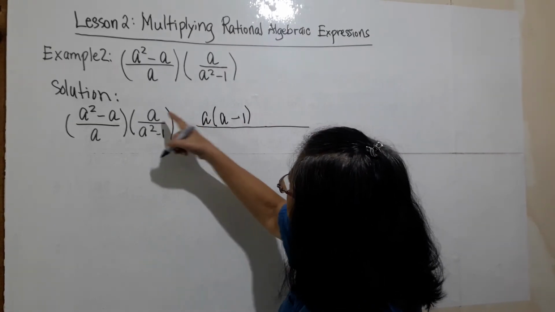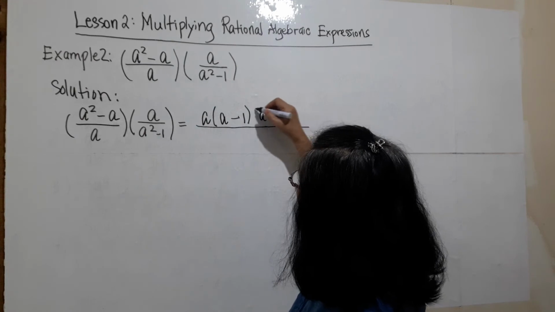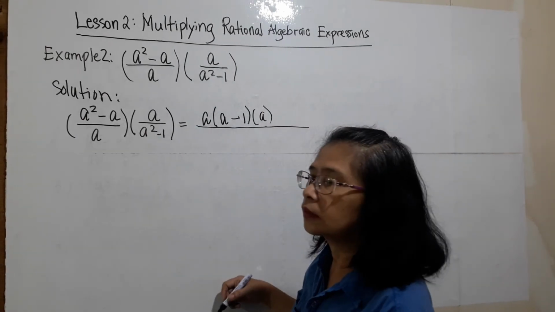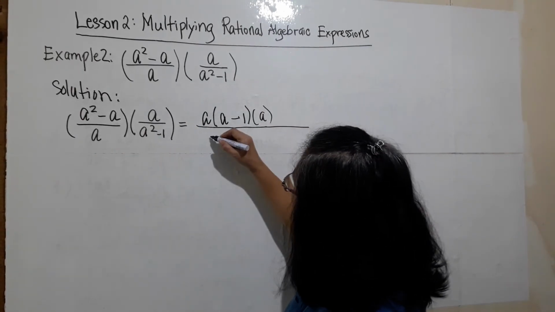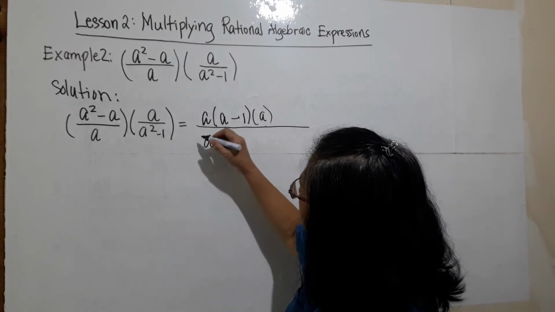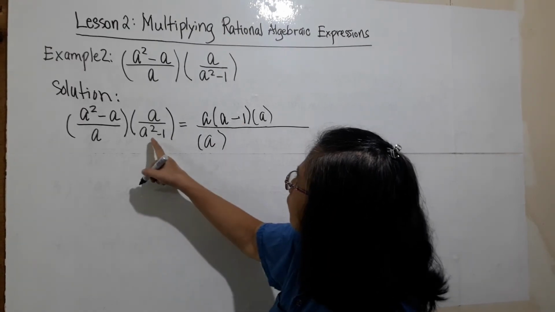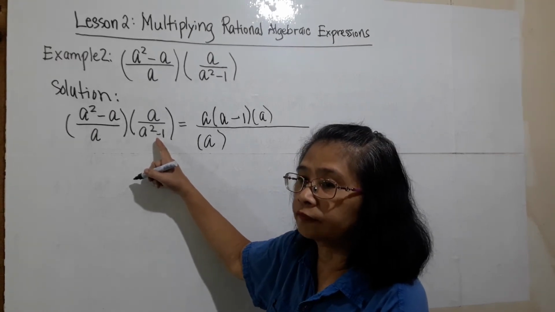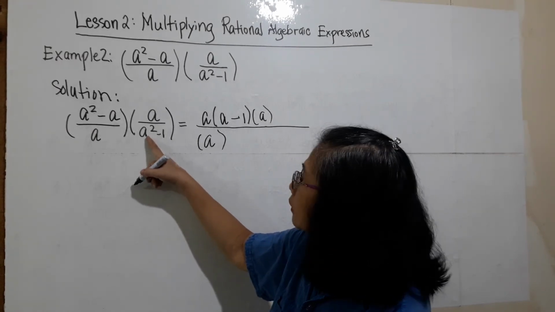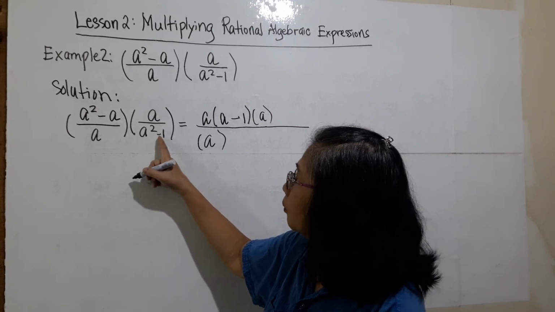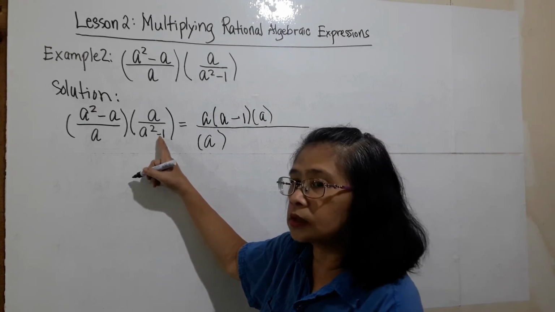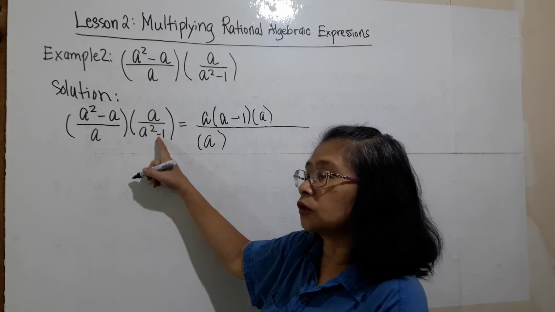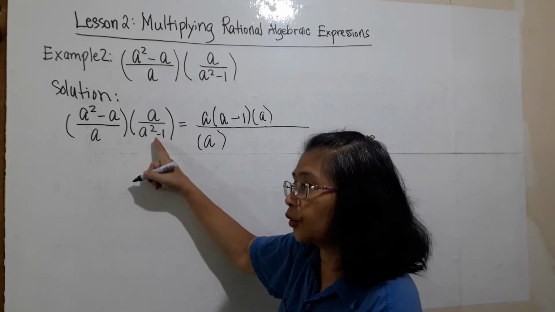Then copy the given here. A is not anymore factorable, so you just copy. Then copy a here also in the denominator. The a squared minus 1 here is a perfect square, and the operation given is subtraction.